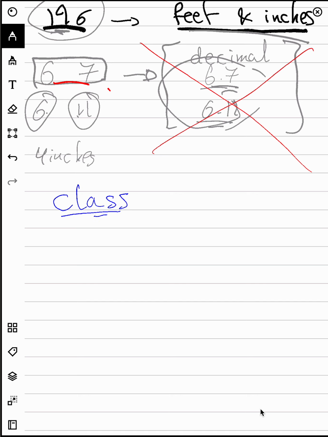So we could have a class Height. Okay, what should be in there? A good question. So think about the example of this Height class.